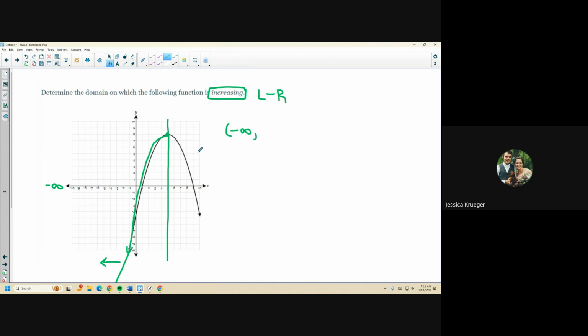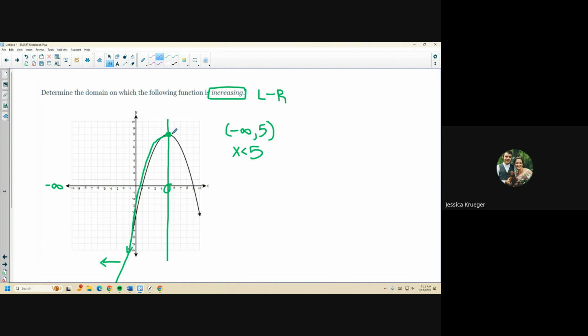And it's going to stop increasing when x is 5. Because the point at the top is neither increasing nor decreasing, you can either use a parenthesis or a square bracket. They'll accept either. You could also say that it's increasing when x is less than 5.